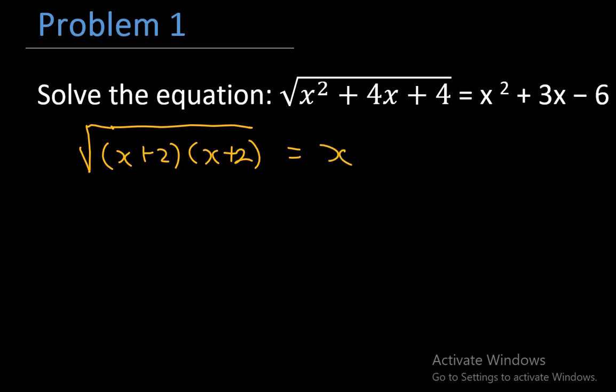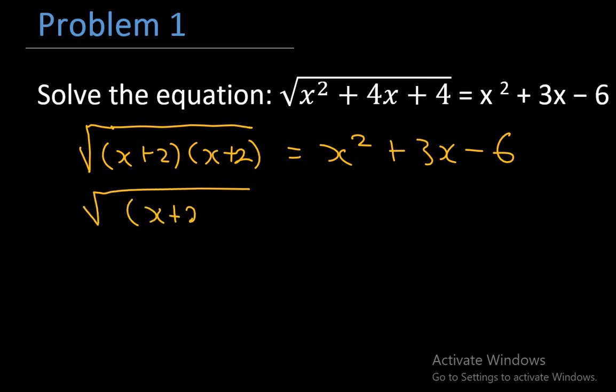On the right hand side, you have the expression x squared plus 3x minus 6. On the left hand side, you can reduce it to this form: x plus 2 all squared equal to x squared plus 3x minus 6.